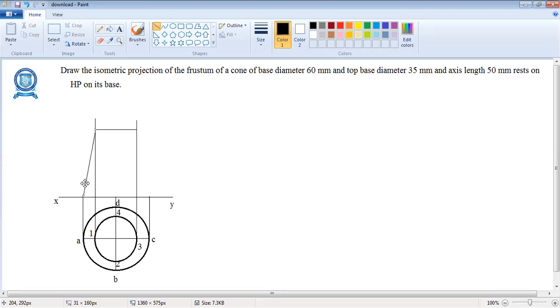Join the outer points by using a scale like this. That's the outer area.